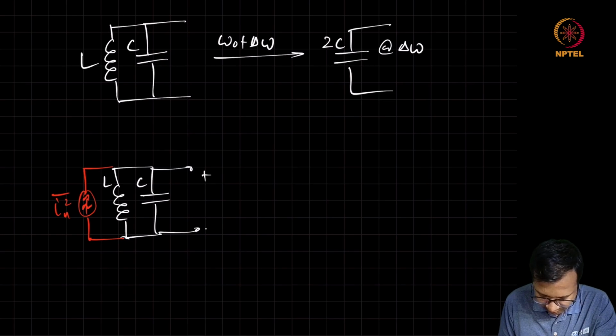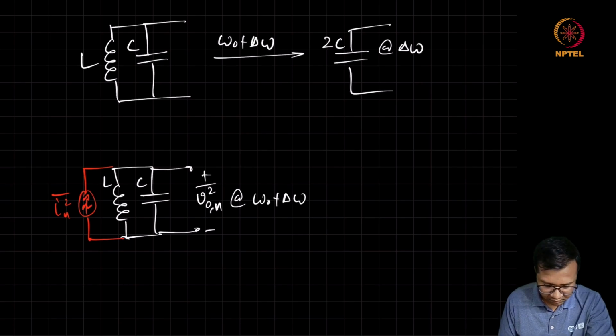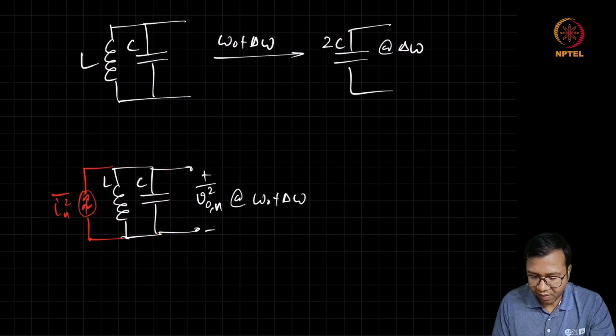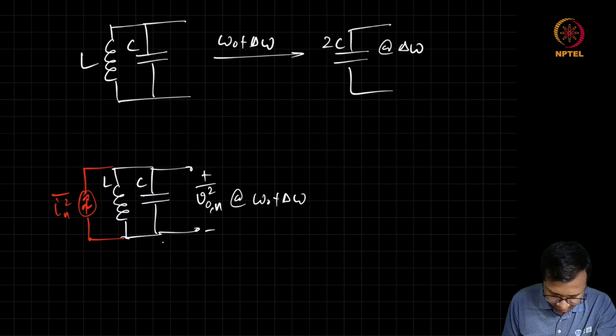And we are interested in finding out what will be the output noise at omega naught plus delta omega. Then we can just replace this LC circuit with an equivalent capacitance.